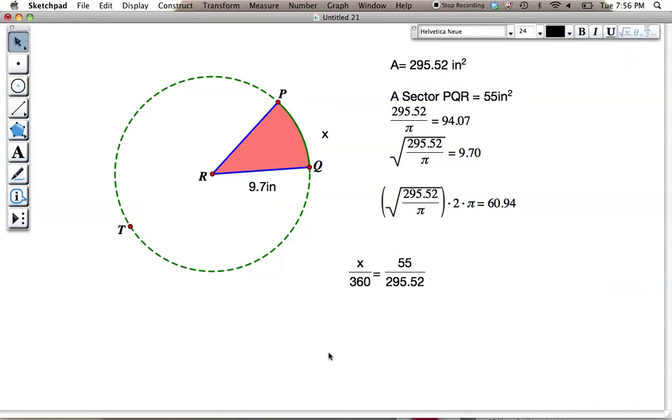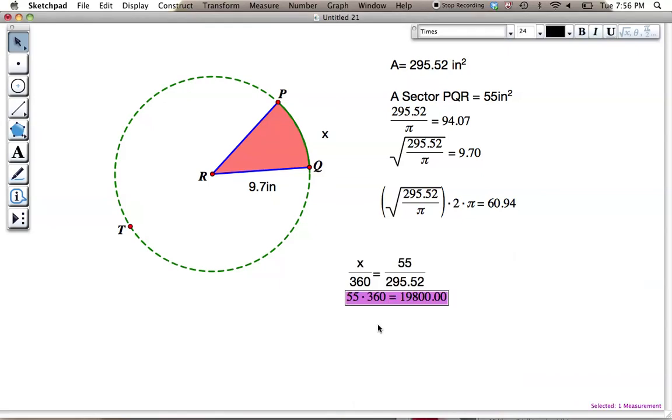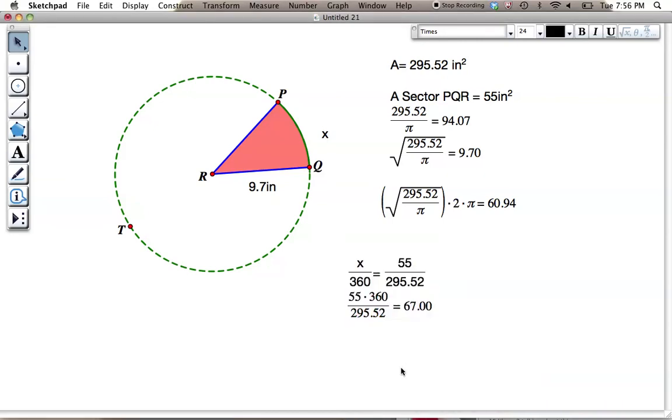So all we do is multiply 360 by both sides of the equation, and you're going to get 55 times 360. Then you're going to divide this by 295.52, to get 67.